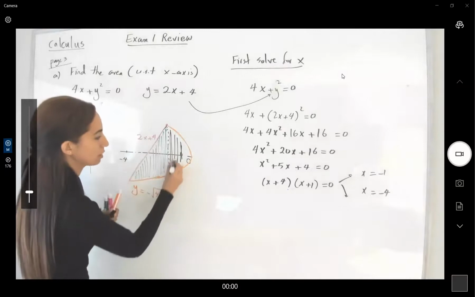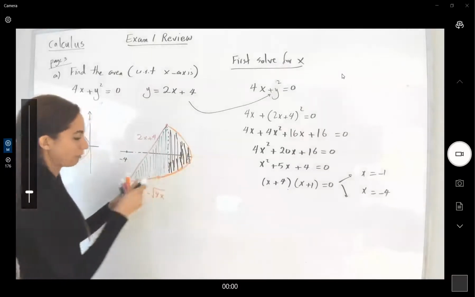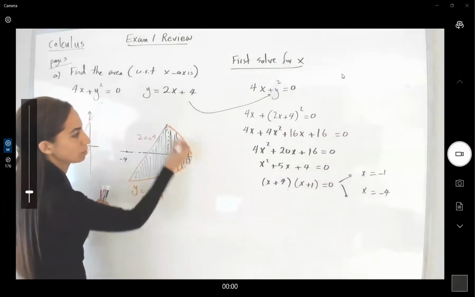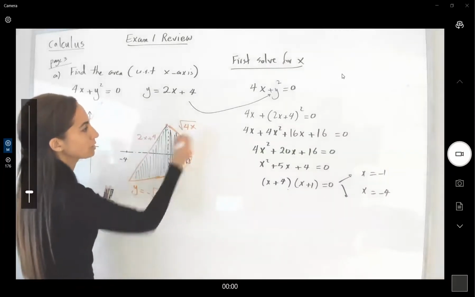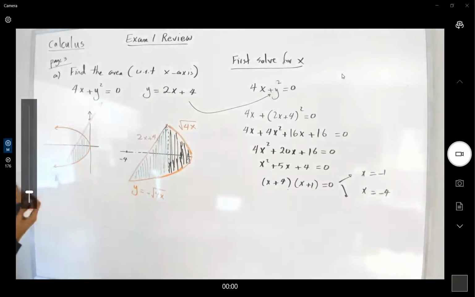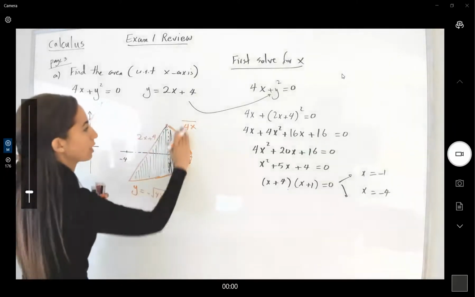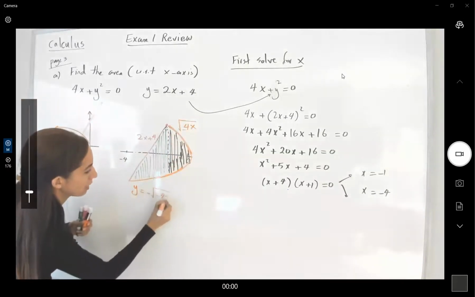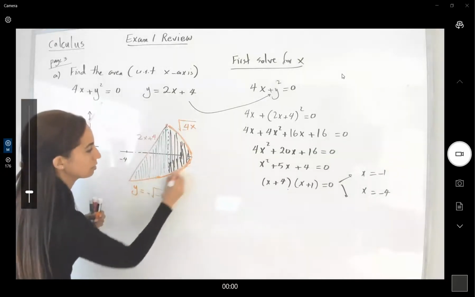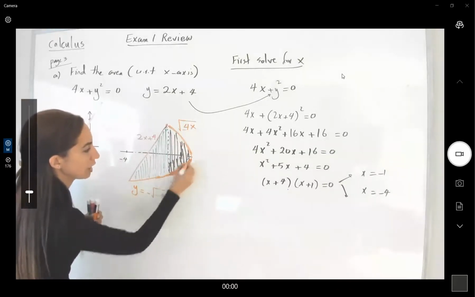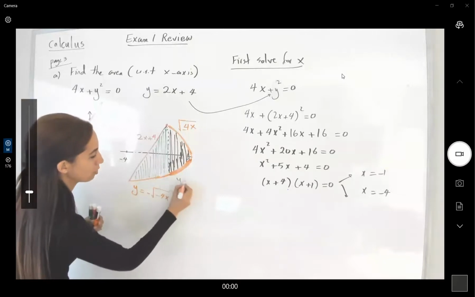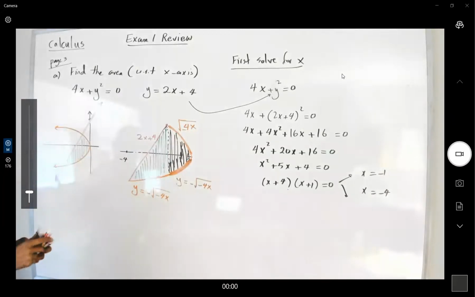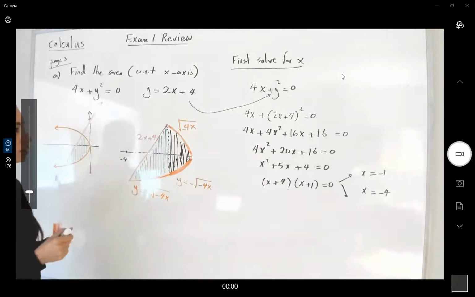For this part, on this side, your y value on top is y equals to positive square root of 4x, and let's see, negative 4x. Negative down here inside the radical as well. And here, by the rest of the function, the negative part of the function, y equals to negative square root of negative 4x. So you have to divide up your integral into two pieces.